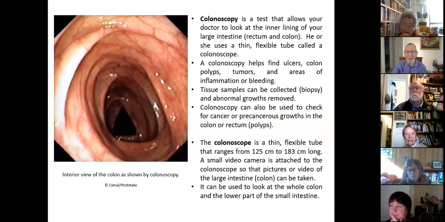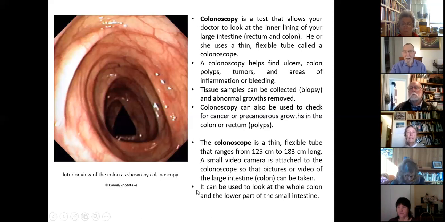So trying to get a flexible tube around those bends, through the S-bend, even into the descending colon, would be a bit tricky. To get it to the transverse and into the ascending colon would be extremely tricky indeed.